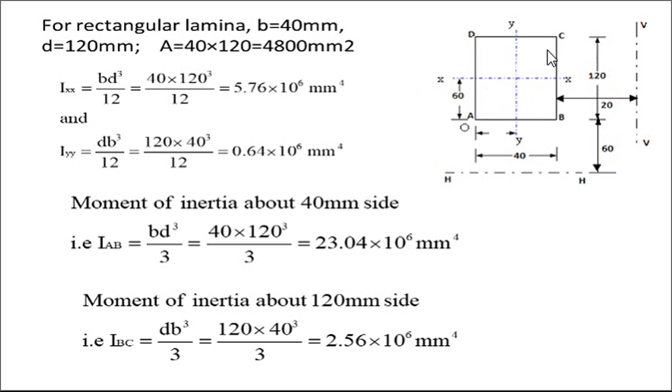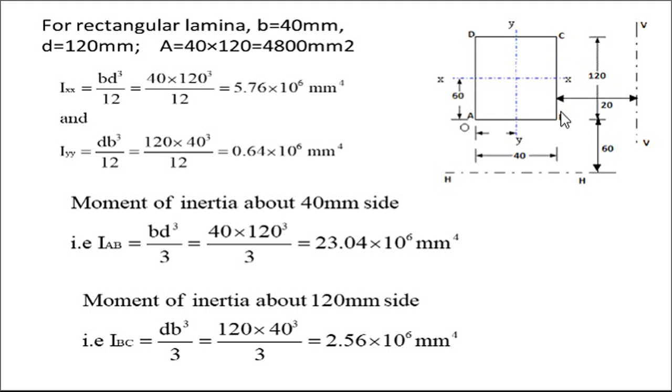After that, second is the moment of inertia about the y-y axis. Here our formula changes. If you take the y-y axis, your first dimension is D and second dimension is B. So the formula becomes dB cube by 12.